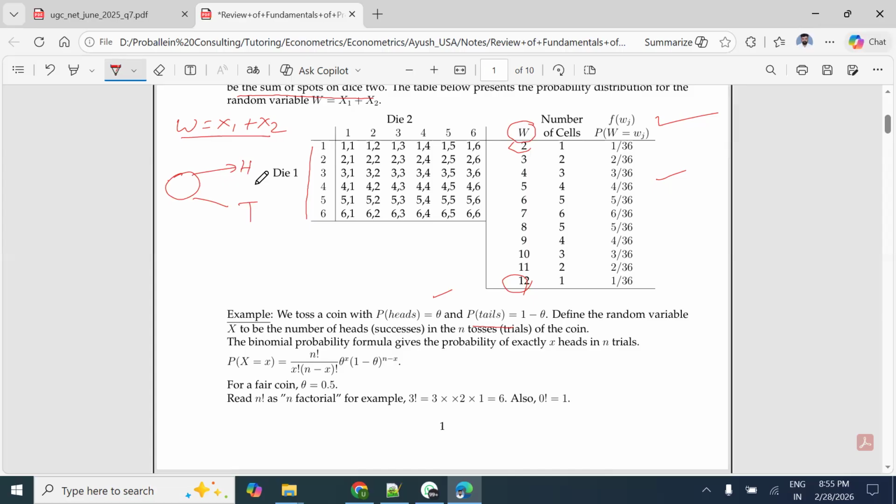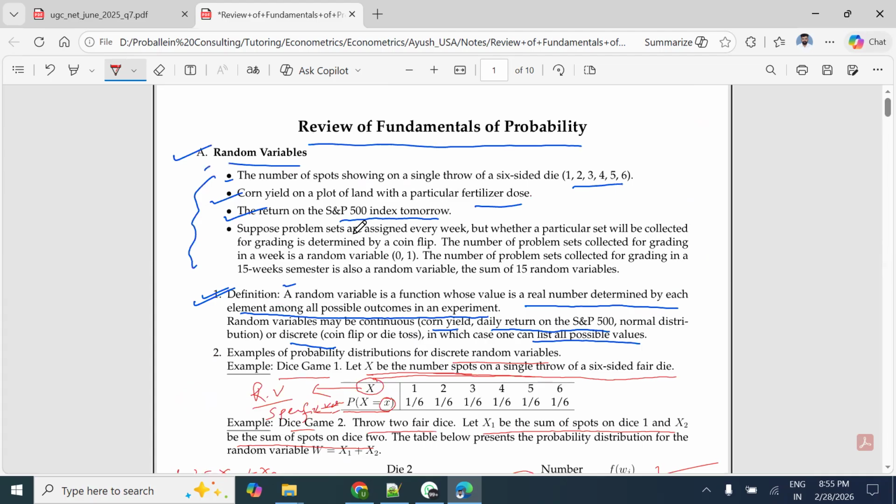The total probability is one. Suppose I take head as theta, where theta can be any value, like 0.5, not a problem. Already I have defined that a random variable is a function whose value is a real number determined by each element among all possible outcomes in an experiment.